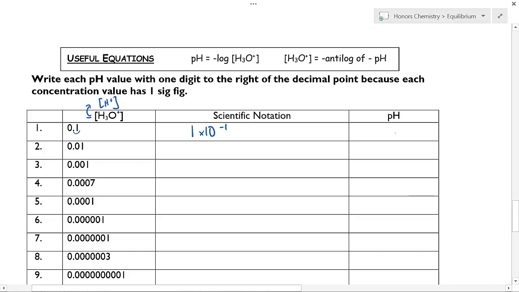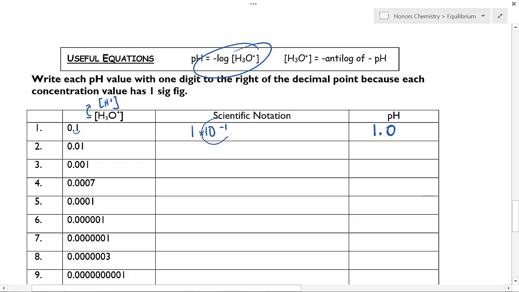And so when I go into my pH now, we're going to be going from H3O plus to find the pH. So there it is on the top. To find pH, it's negative log of H3O plus. So I'm just going to take the negative log of this number here, 1 times 10 to the negative 1, and we're going to get an answer of 1. But you're going to actually need a 0.0 here, and let me explain why.